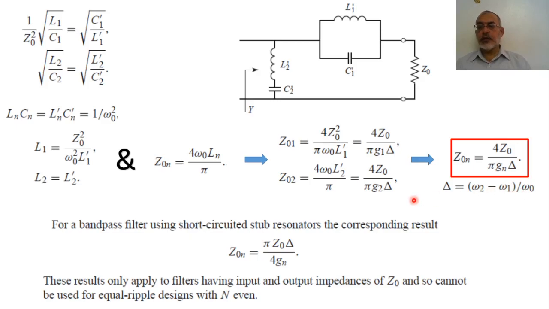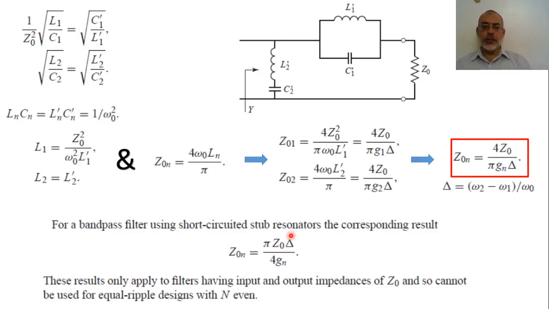This analysis was done for open circuit stubs or open circuit resonators, which can be used to implement a bandstop filter. Similar discussion can be obtained for short circuit resonators, which can be used for a bandpass filter.